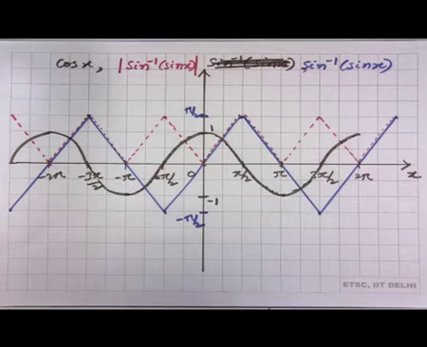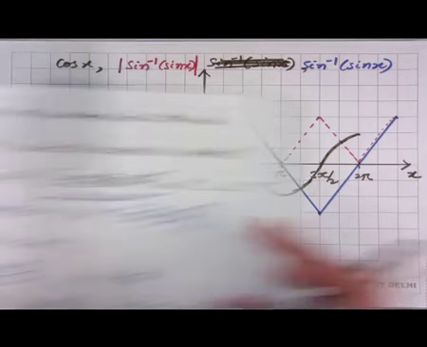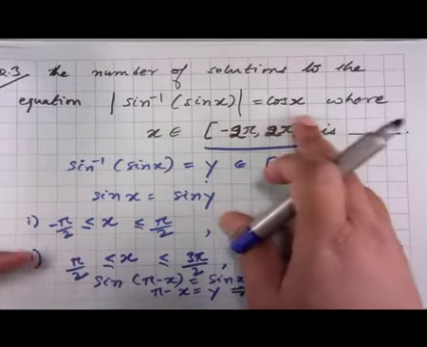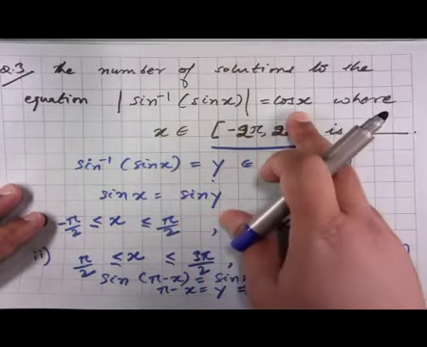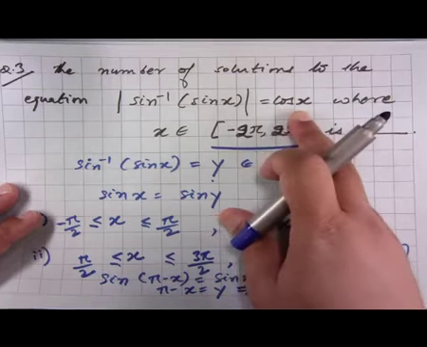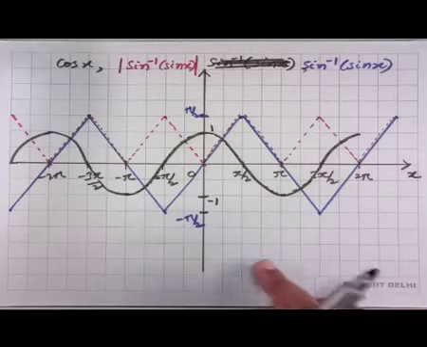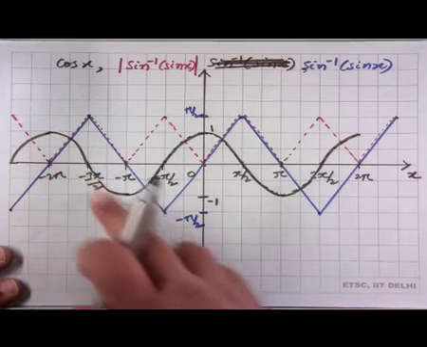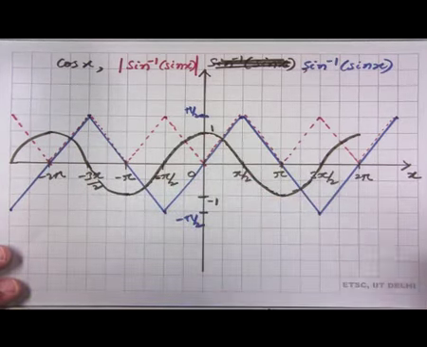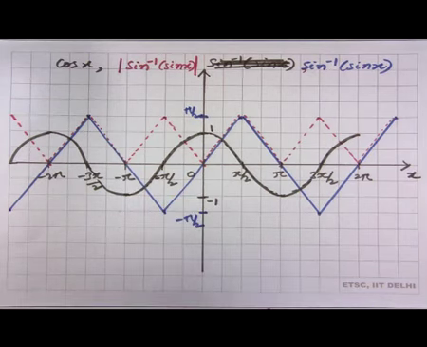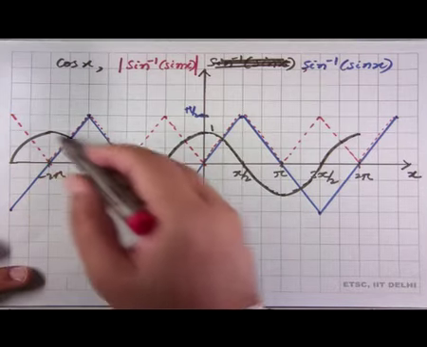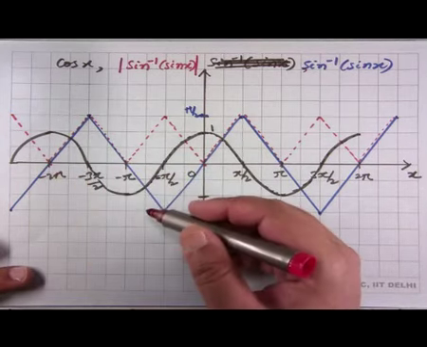And then since we had to find the number of distinct points x such that mod of sine inverse sine x is equal to cos x, we have to also plot the graph for cos x. So, in black, this black curve here is for cos x, and what we have to ultimately find out is the places where the red dotted curve and the black curve are intersecting.